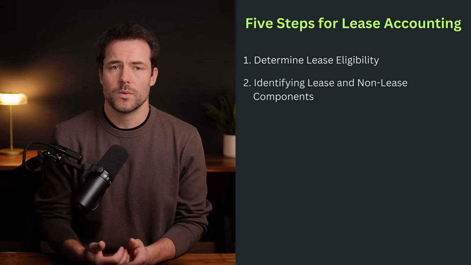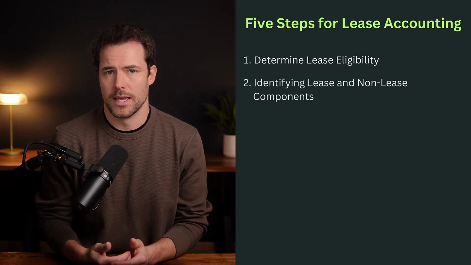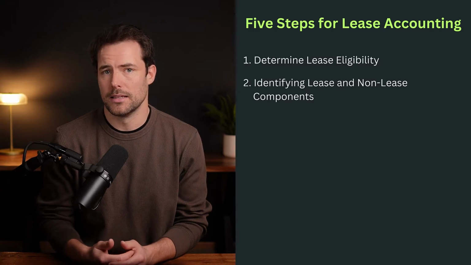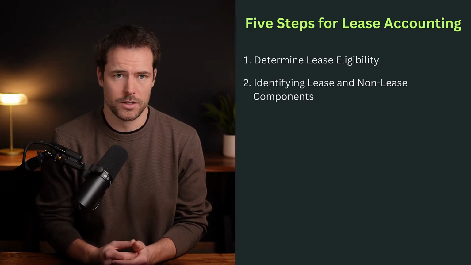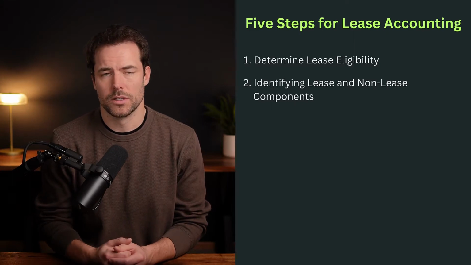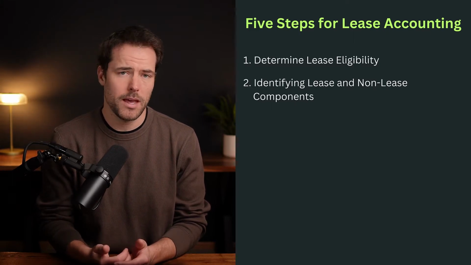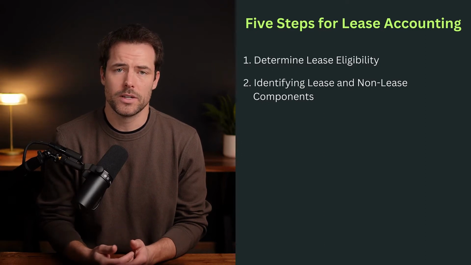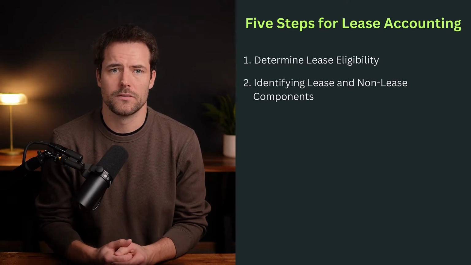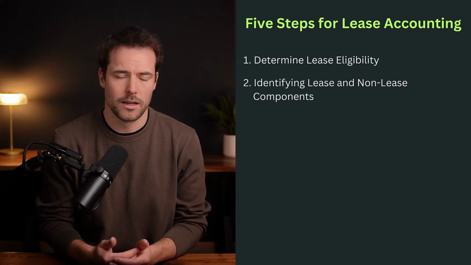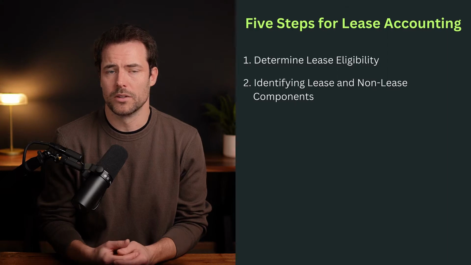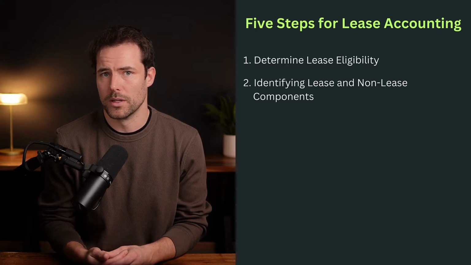Then second, once we've determined we have a lease under ASC 842, we need to identify and separate the lease and non-lease components of the contract. Many contracts will include multiple components and may have a mix of lease and non-lease components. Consider, for instance, an office lease where the contract covers both rent for an office and common area maintenance charges, or a lease for a piece of equipment that includes a maintenance or service component.